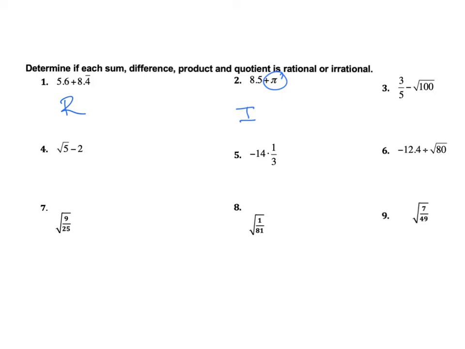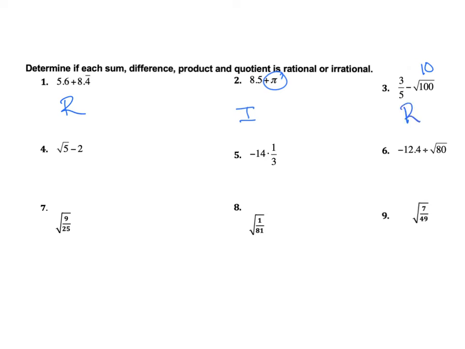We have 3/5 minus the square root of 100. 3/5 is a fraction with 2 rational numbers, so that's rational. And the square root of 100, let's think of that as a perfect square. What times what is equal to 100? 10 times 10. So this is equal to 10. And because 10 is a whole number, this is going to be rational.